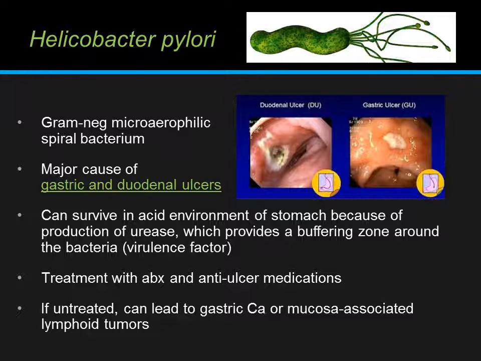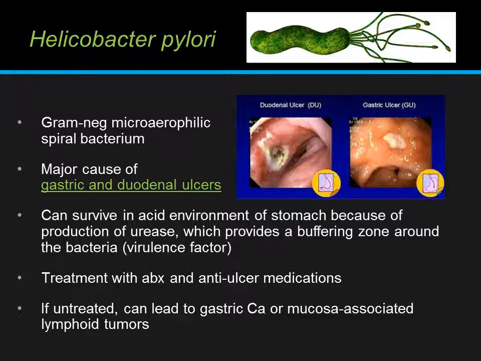Then, all of a sudden, a discovery was made that ulcers, in almost all cases, are caused by this particular bacterium. His particular virulence factor is that he produces copious amounts of the enzyme urease. And so what he does is burrow into the mucosa of the stomach or the duodenum and produces this urease, which counteracts the acidity in the environment and allows him to live.